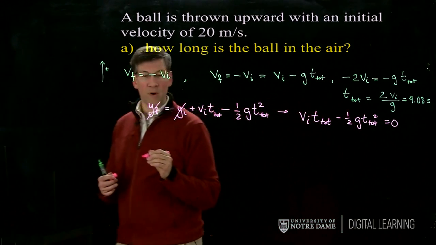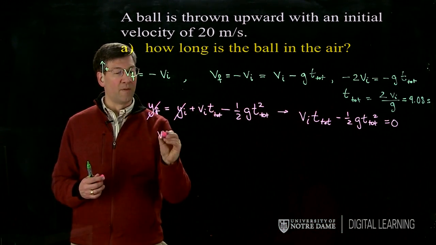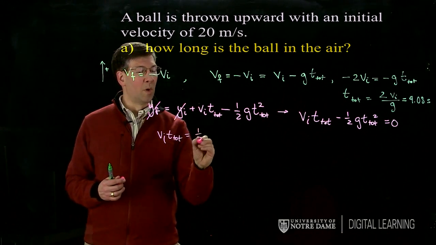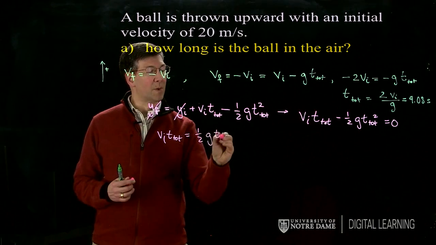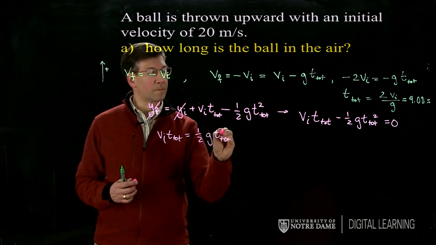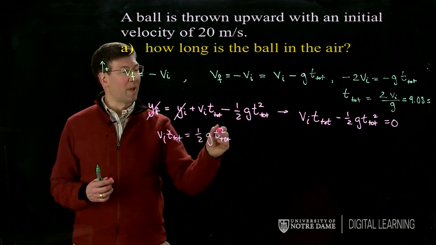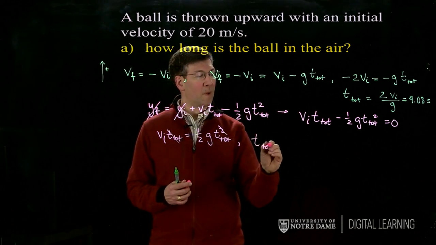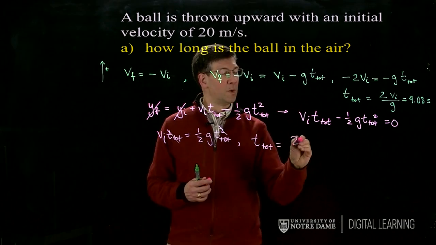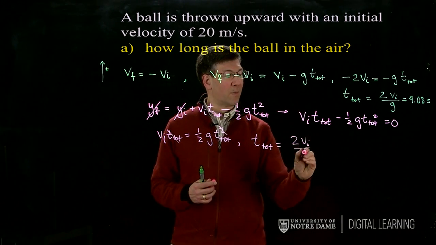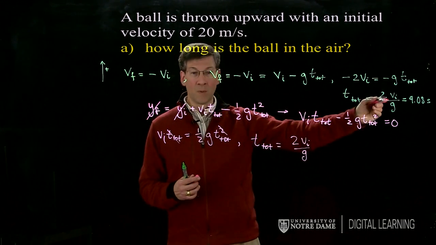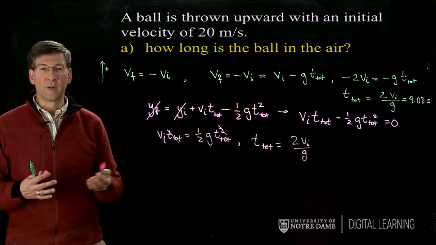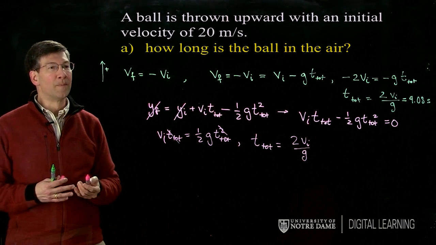I can move one of those onto the other side, so I have v initial times the total time is equal to 1/2 g times the total time squared. One factor of time cancels out of both sides, and this tells me that the total time is equal to 2 v initial divided by g, which is the same thing that we got over here using a different equation. So that's good. That at least tells us that we're doing something that makes sense.